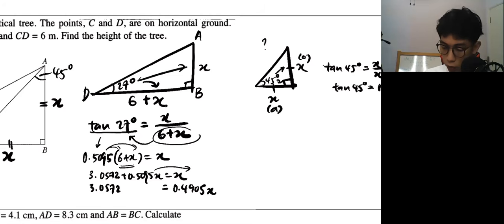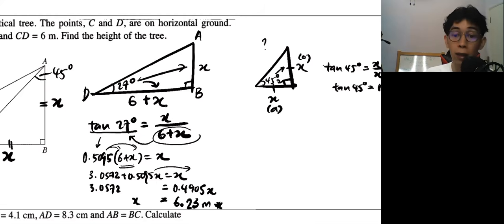I typed wrongly, sorry. Your answer comes out x equals to 6.23 meters.